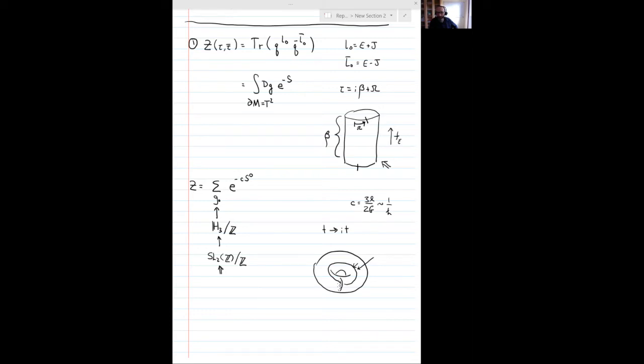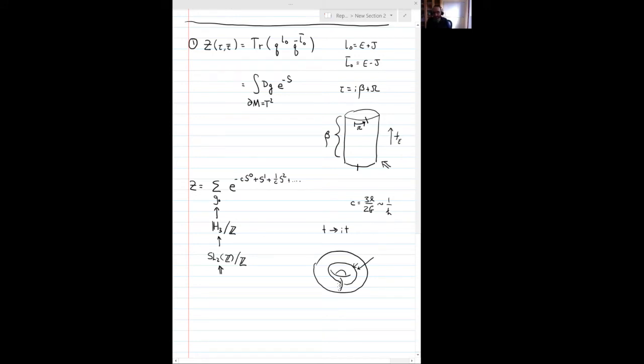Now, so far I'm just talking about the classical piece of the sum. But for every classical solution, I could imagine working harder and finding a one-loop correction, and then working even harder and finding a two-loop correction, and then a three-loop correction, and so on and so forth.